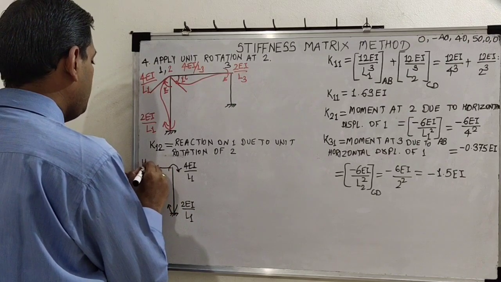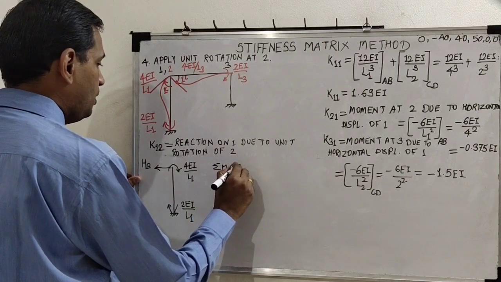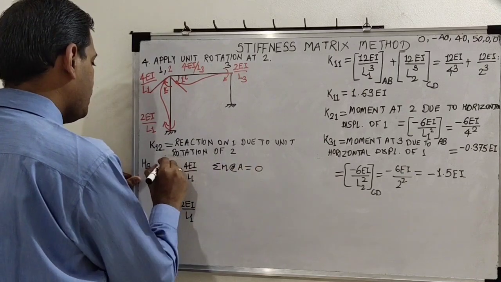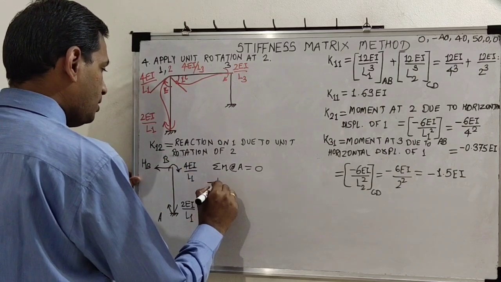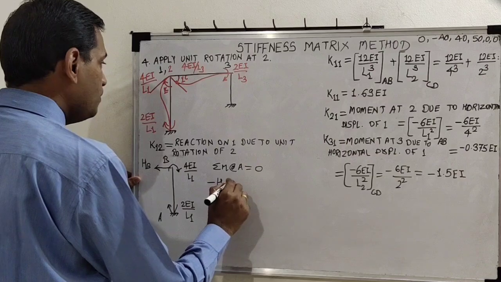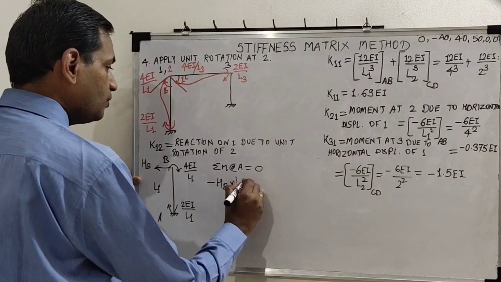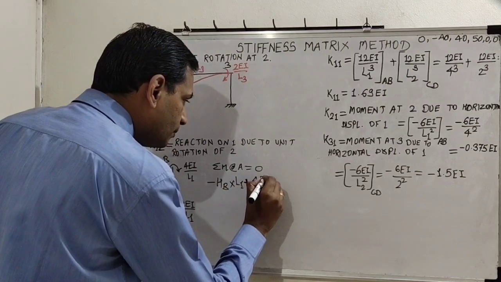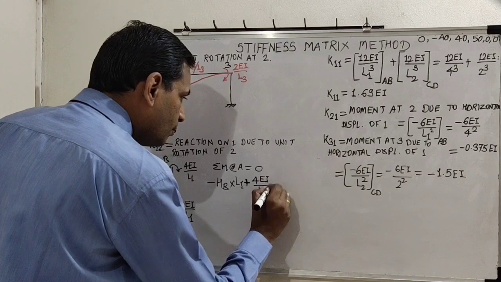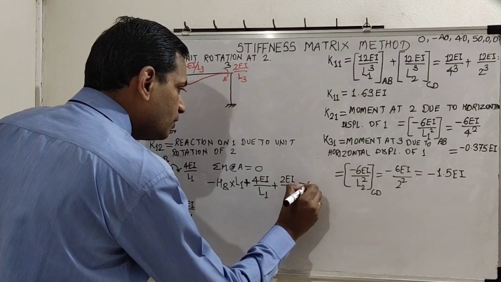So this is HB. So take summation of moment about A. So this is end B, this is end A. So minus HB into L1, height is L1, plus 4EI by L1 plus 2EI by L1, it is equal to 0.